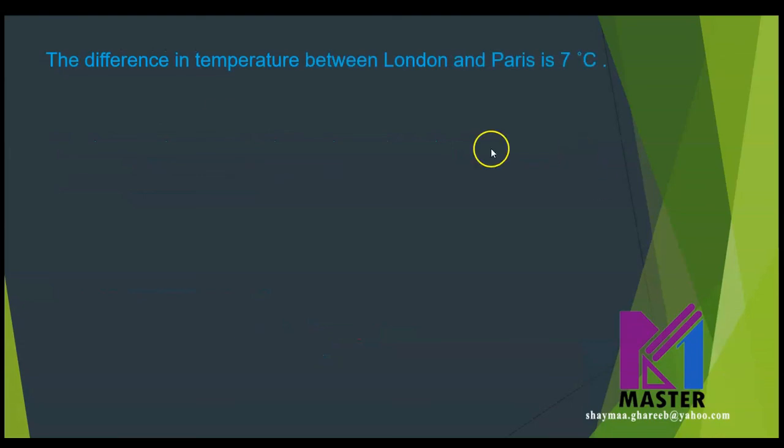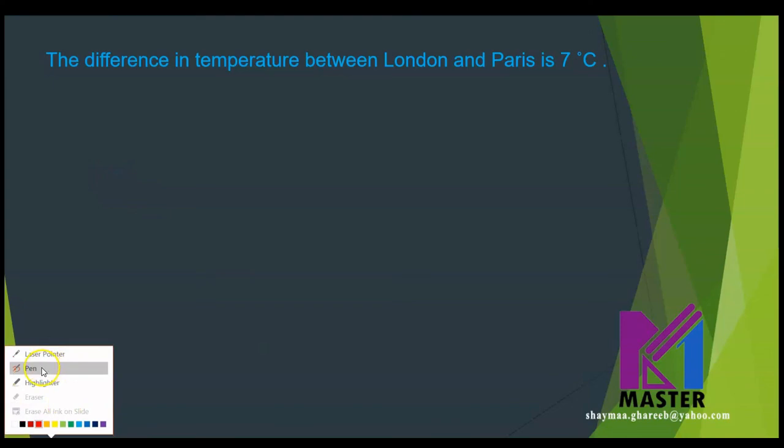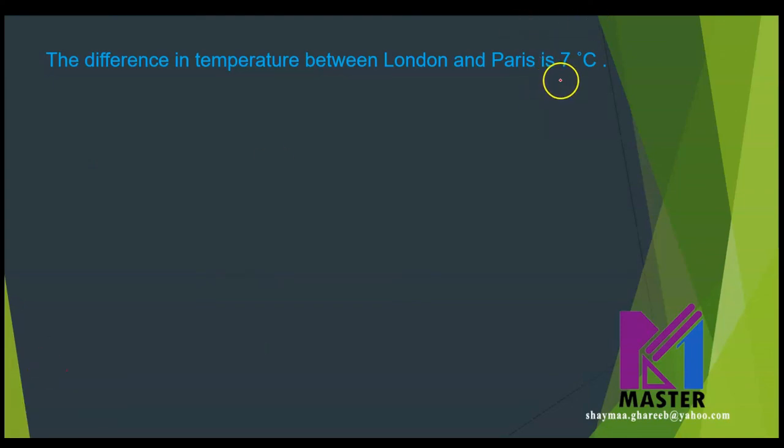Let's see another question. The difference in temperature between London and Paris is 7 Celsius degrees. So this is the difference between the two towns. If the temperature in Paris is 3 Celsius degrees, and this is the temperature in Paris.